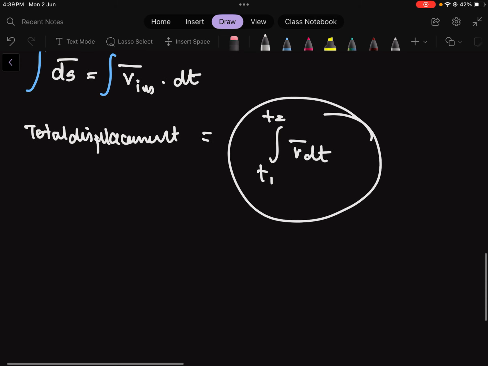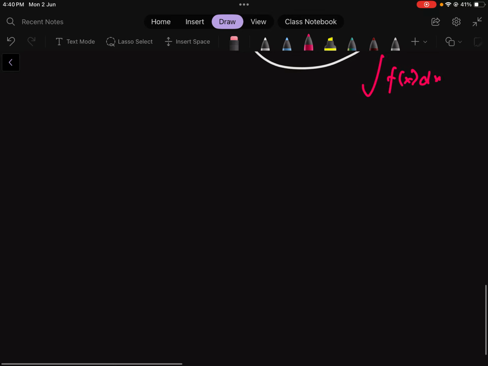This gives us a hint that we need to solve the question graphically, because it involves integration of v dt, which is nothing but integration of something like f of x dx, right? Which is just the area of a graph. So let's just do it graphically.